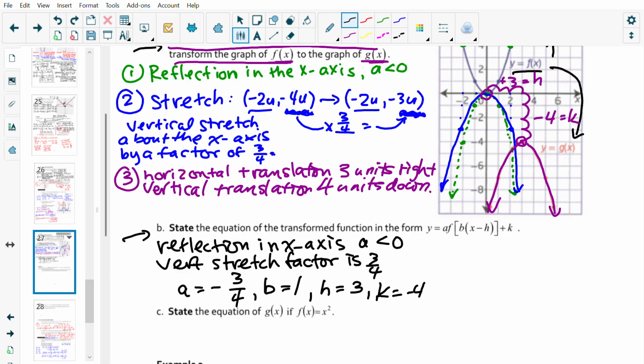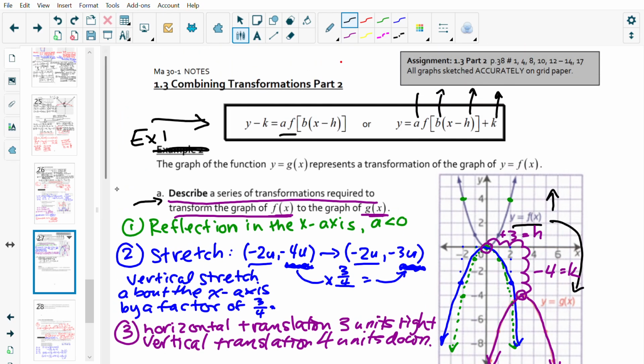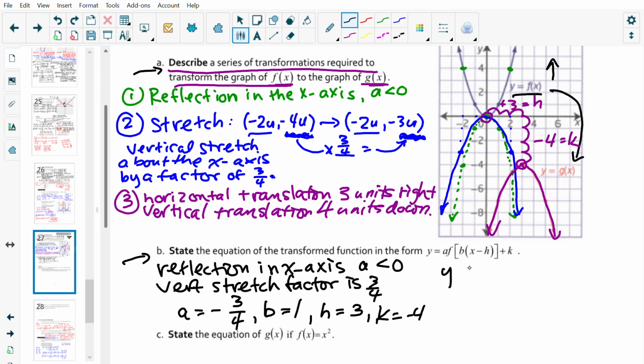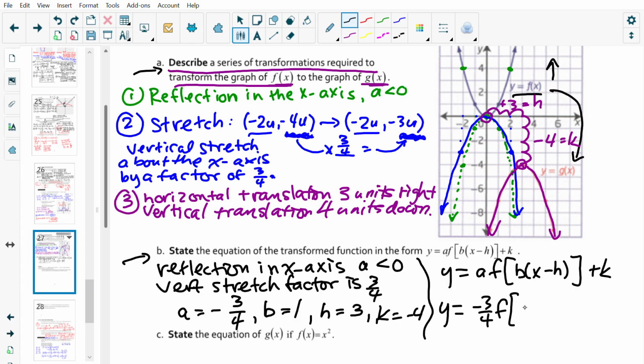Here's our general transformation model, folks, from up above. y equals a times f of b times x minus h plus k. Let's substitute in our values. y equals negative 3/4 f of b, which is 1, times x minus h, which is minus 3, plus k, which is minus 4.